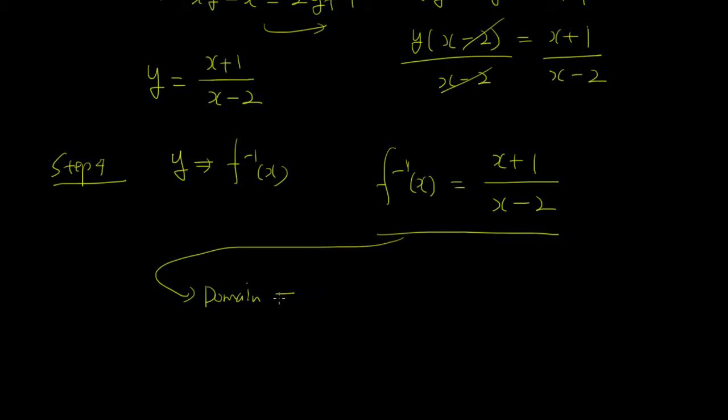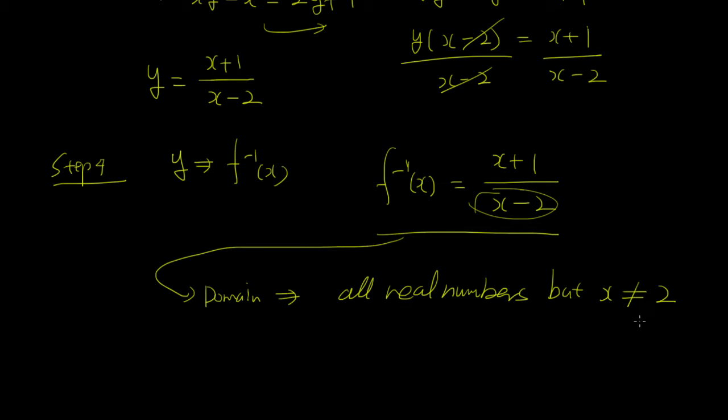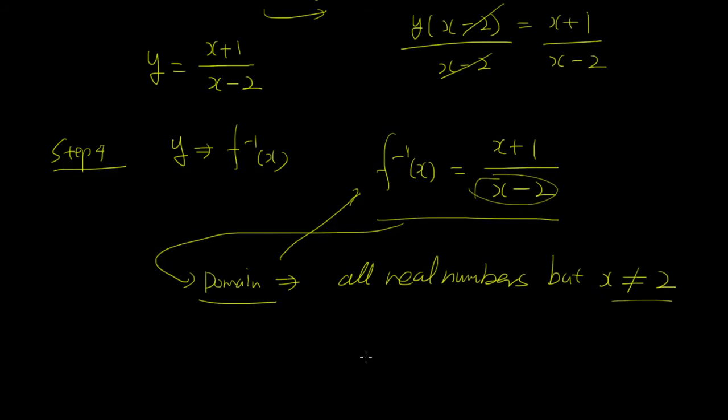Domain of this would be all real numbers, but x cannot be equal to 2, right? Because of this denominator part, we don't want that too. Now, this is the domain of this inverse function.